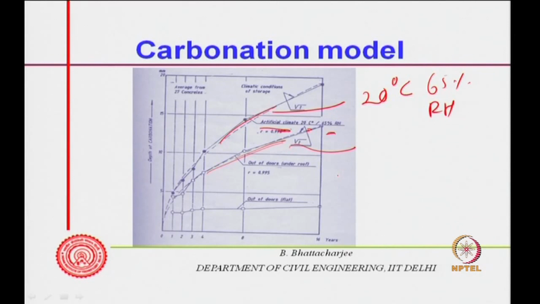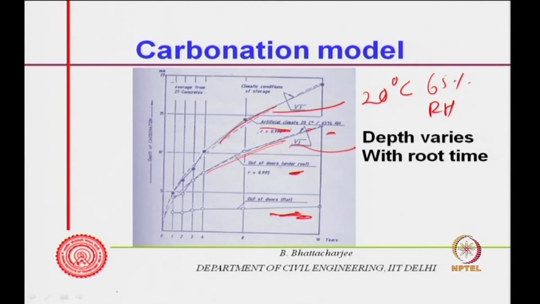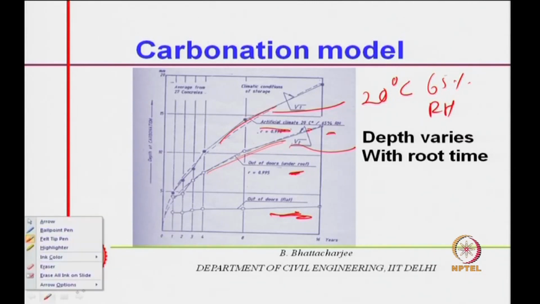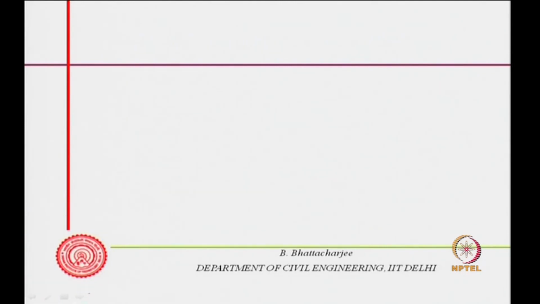There is a lot of moist condition prevailing here, and this is completely outdoors, over a roof, more exposed to rain. So, what it shows is that the root t relationship is quite often followed. So, although this relationship is very simple, depth varies with root time, that becomes a kind of understanding that we develop from this situation.